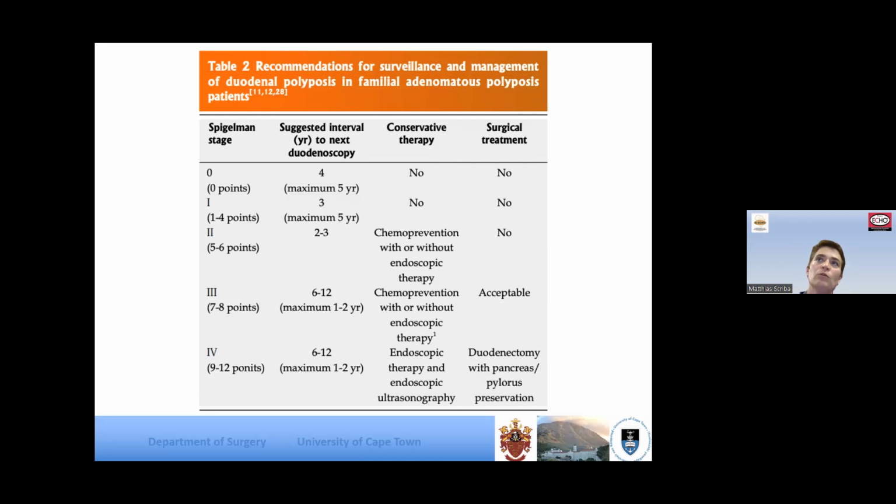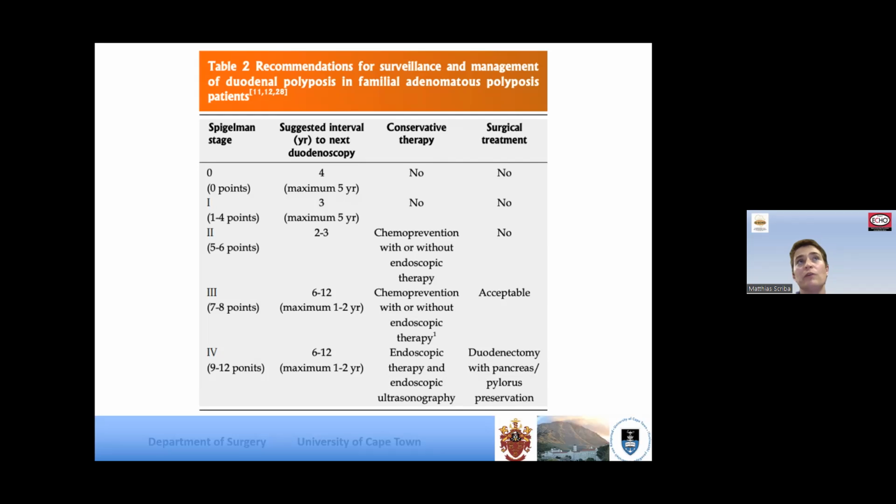We only are able to offer APC, and I must say we've often got a situation where you initially get the impression that there is some regression, the numbers are less, but within a couple of years, when you go back again, your Spiegelman staging goes back up. So I'm not convinced of their use, but you'll agree there's not much else you can do when there's lots. So yeah, for the moment, we continue with argon plasma coagulation of these multiple small polyps.